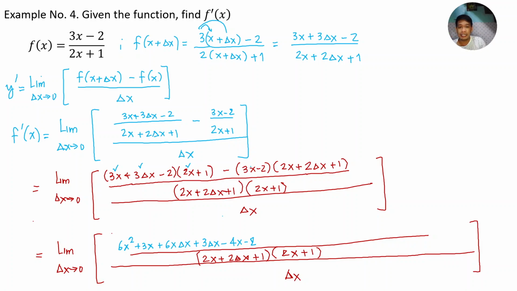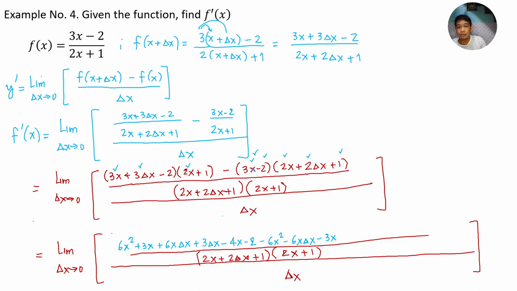Then ito naman, 3x times 2x preceded by a negative is negative 6x squared. Again, 2x times 3x is 6x squared preceded by a negative is negative 6x squared. Then first to second, that is 6x delta x preceded by a negative is negative 6x delta x. Then first to last is 3x times 1 is 3x preceded by a negative is negative 3x.